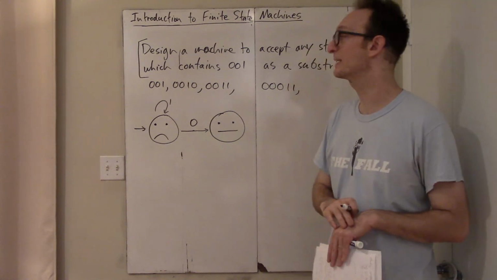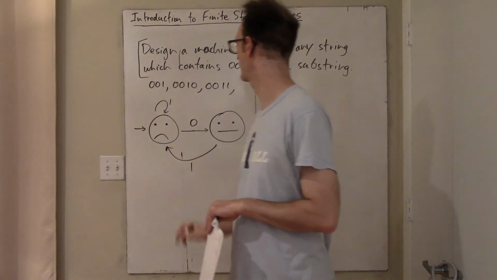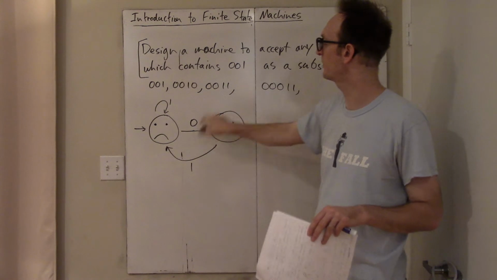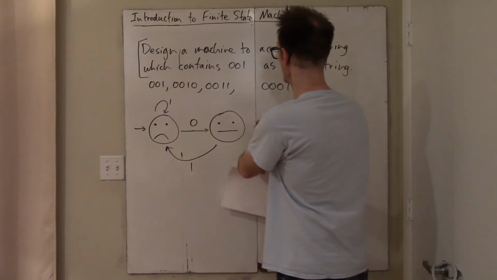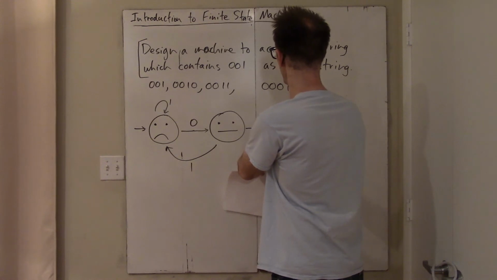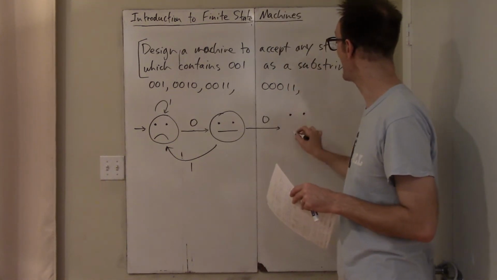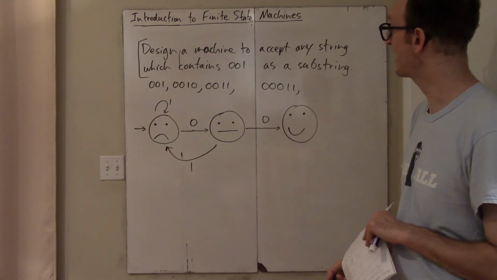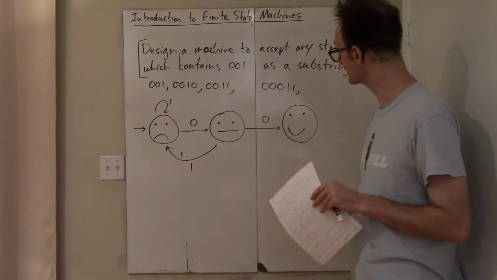But what would make me sad again would be if a 1 came. Then I would go back to being sad all over again because I'm looking for 0, 0, 1 and that just doesn't work. But if a 0 came next, oh boy, I'm starting to get really happy. In fact, all I need left is a 1 and it's all going to be great.